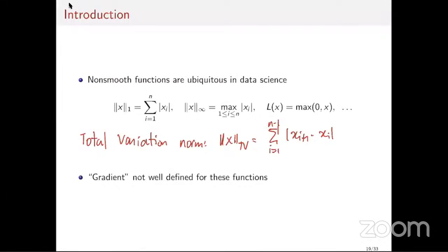So this discrete derivative is going to be sparse. Then xi will be equal to xi plus 1, and suddenly you'll have a jump whenever you need to have such a jump. So this is another function used a lot in imaging, for denoising problems.